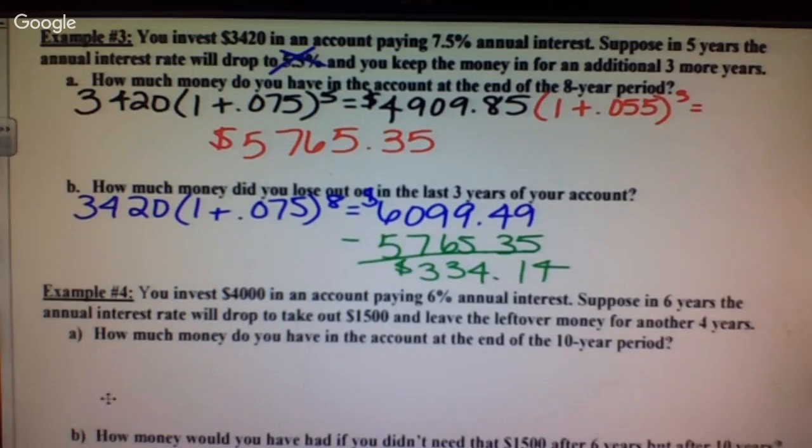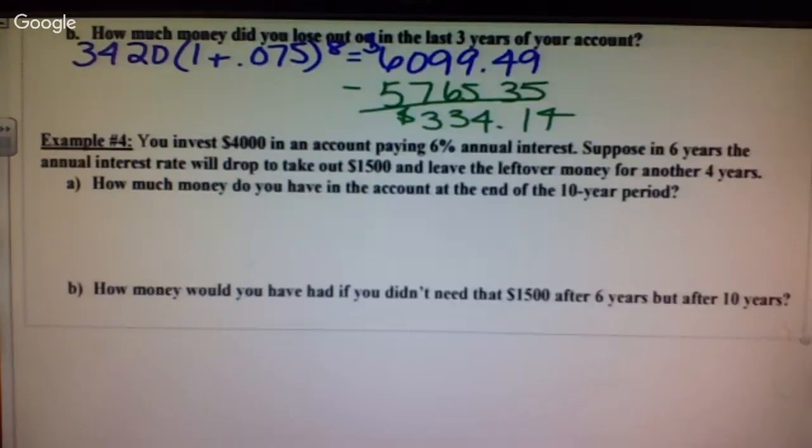$334.14. I don't care who you are, I want that money. Ain't nothing but your back taxes. Should have invested in Apple. I knew Drew was going to ace this section. We talking money. He's all about the money. Miss Smith, do you invest? Absolutely.